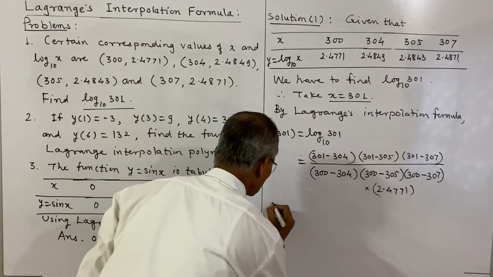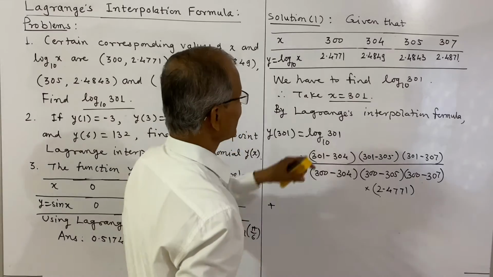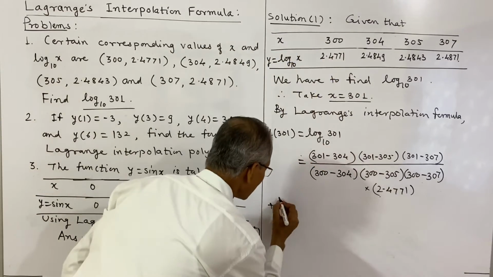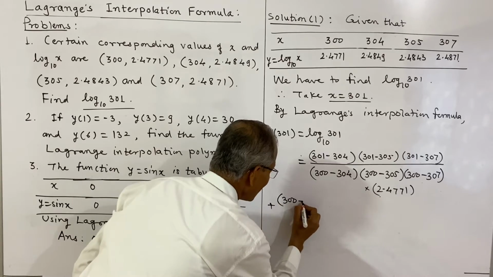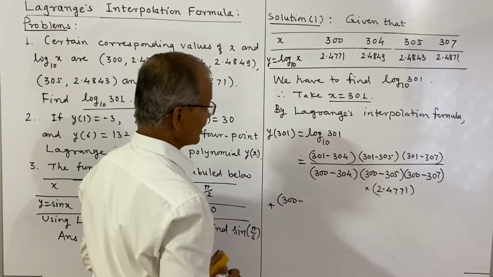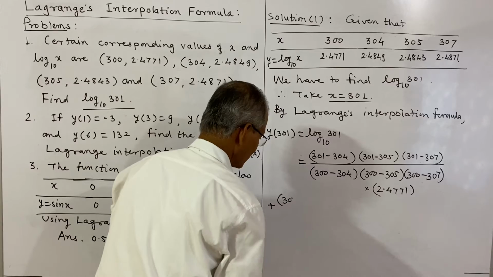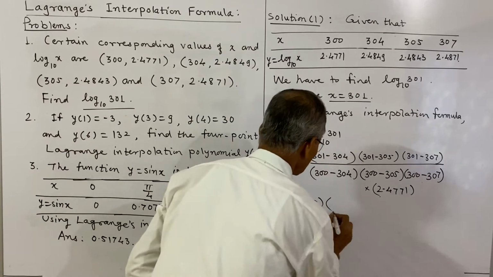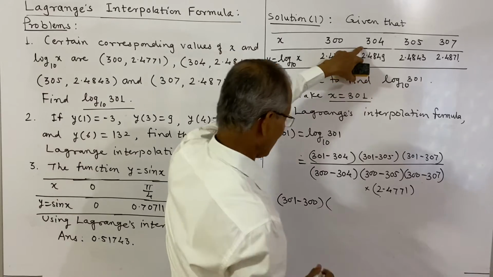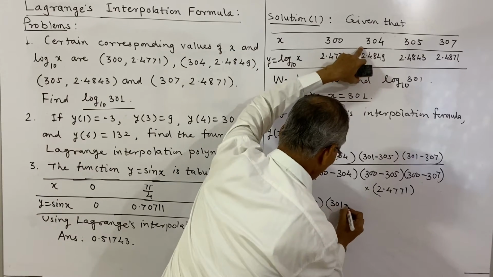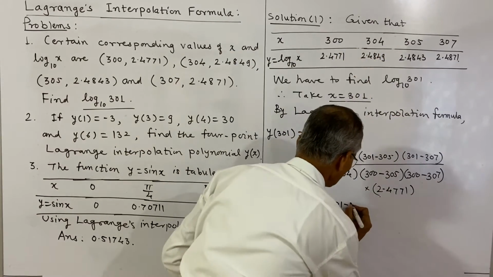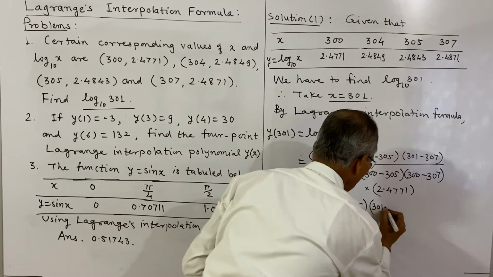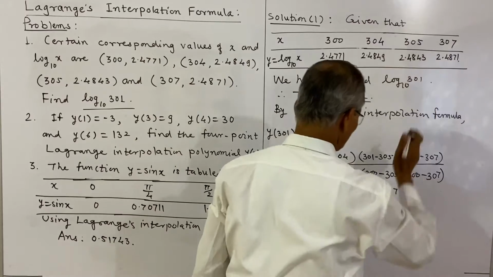Now the next term will be plus: x minus x0, that is 301 minus 300. Now don't take this value, x minus x1; take 301 minus 305, and again 301 minus 307.